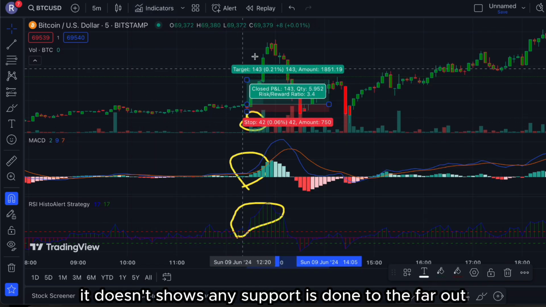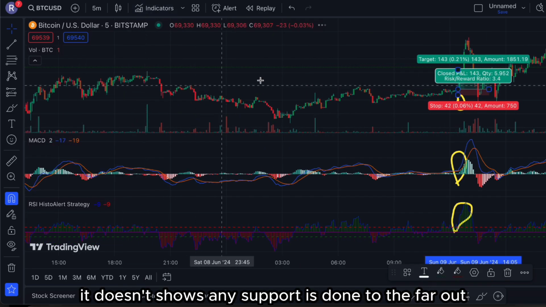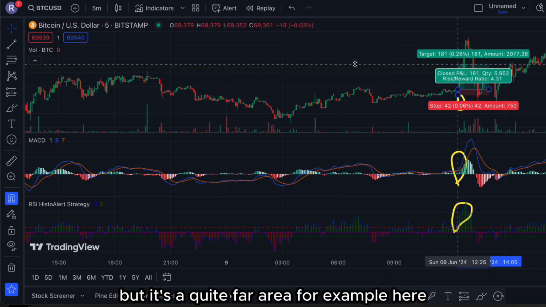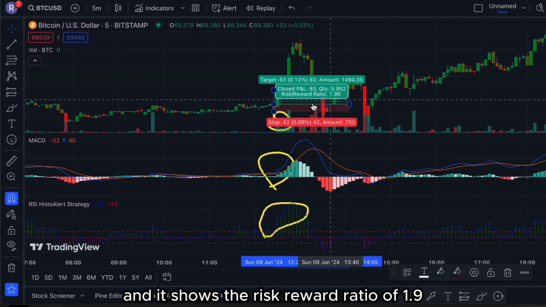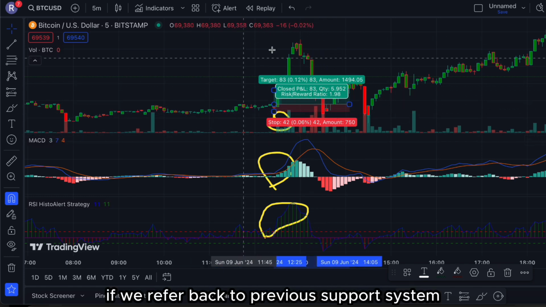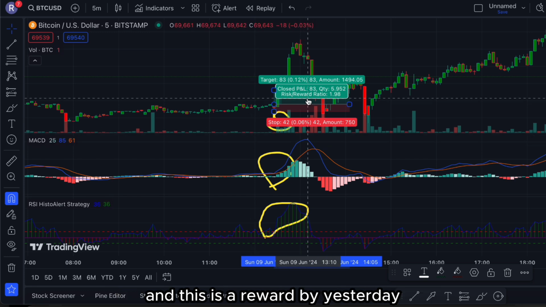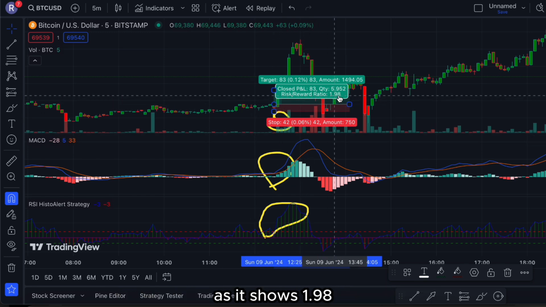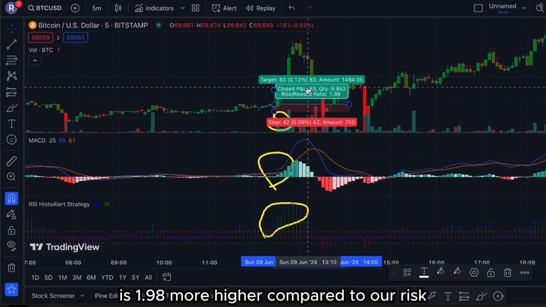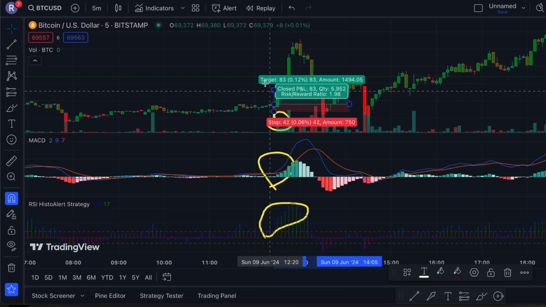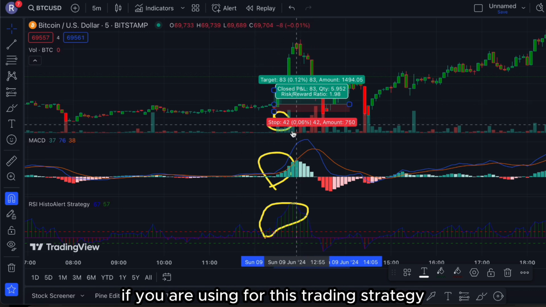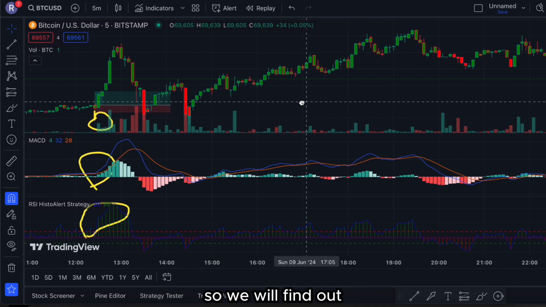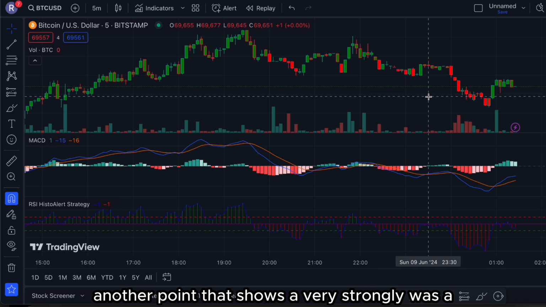Here, it shows a risk reward ratio of 1.98 if we refer back to previous support and resistance. This is a reward-biased trade, as 1.98 means our reward is 1.98 times our risk, and we can plan for a short-term trade with this strategy. So we will find another point that shows a very strong reversal.